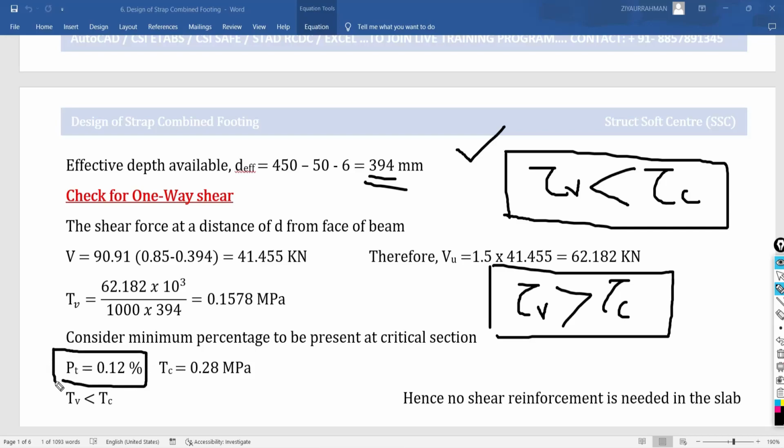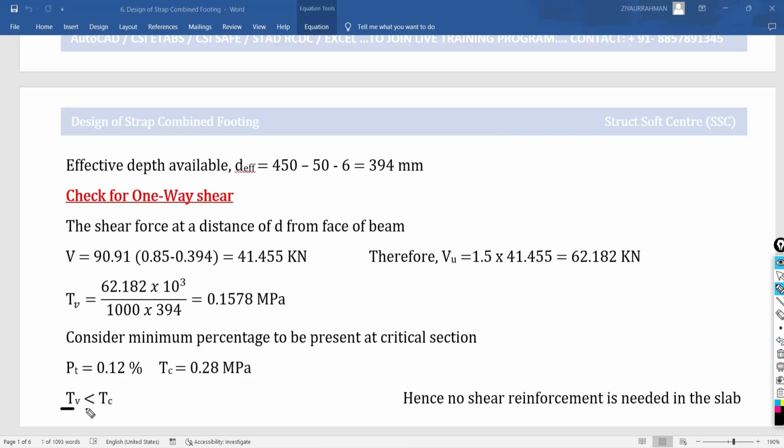Both are variables. If you change these two variables, the value of nominal shear is going to change, and your critical capacity is going to change. So here we are getting nominal shear less than critical shear, hence no shear reinforcement is needed in your foundation slab.